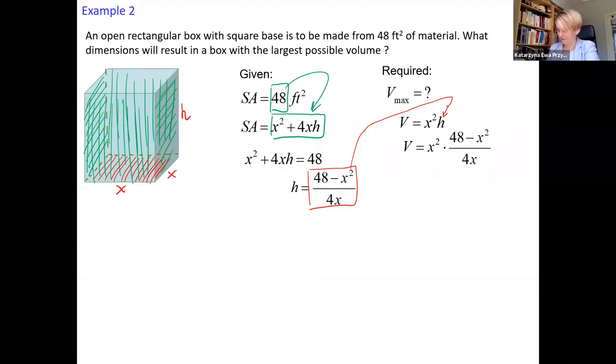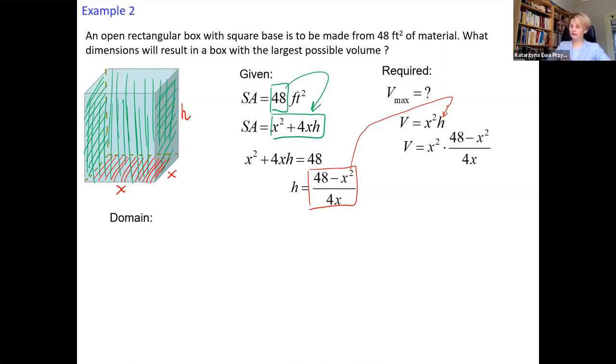And we can simplify. Okay, we will take care of the volume, but of course, let's look at the domain. Again, x and h are positive, because we cannot have a negative length. And theoretically, the denominator 4 times x could be any positive number.